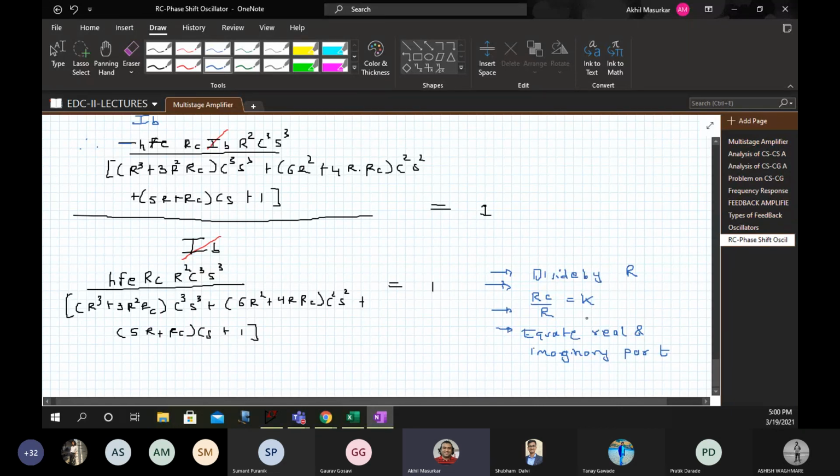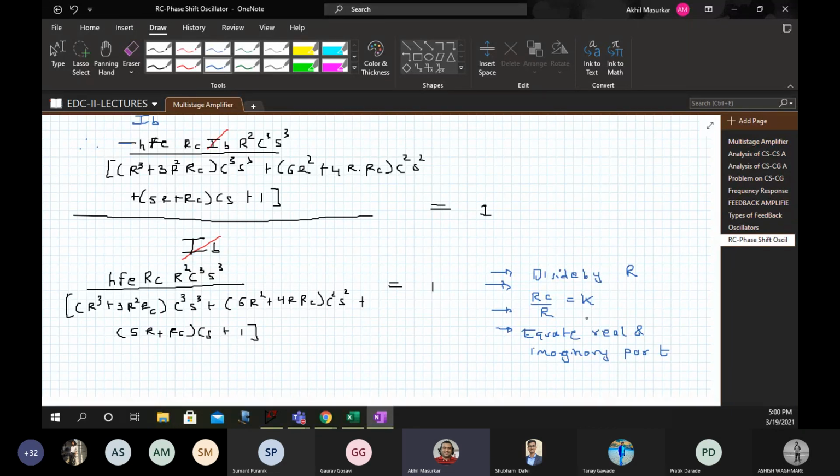So when you do that, you will get the oscillating frequency. So I will stop here, and in the next class I will continue my derivation from this point.